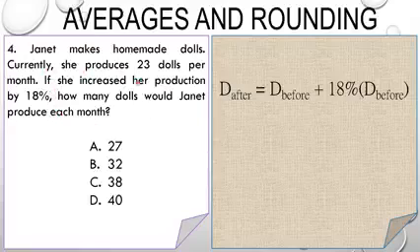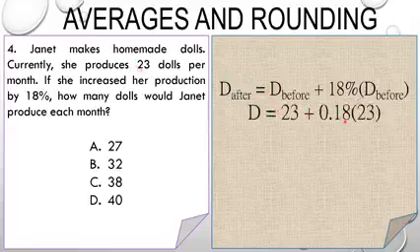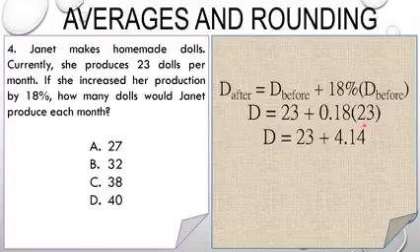Okay, so to get the number of dolls na kaya ma-produce ni Janet each month, we will add the 18% of the original production of dolls to that original. Okay, ibig sabihin, 23 plus the 18% or the 0.18 of 23. By calculator, 0.18 times 23 is 4.14.